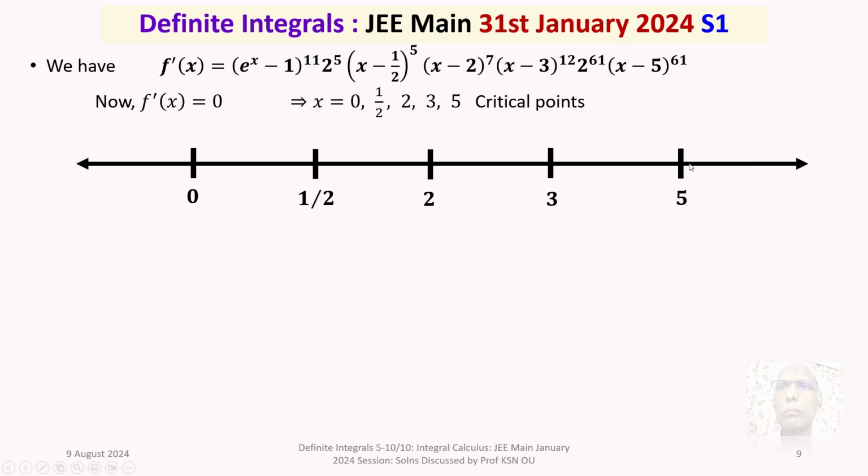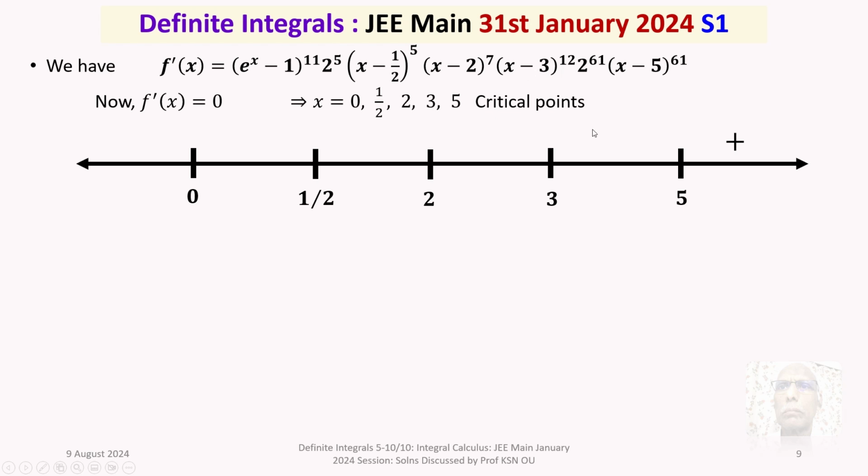If you take an x greater than 5, x minus 5 is positive and all the others are positive. So we get a positive sign here.